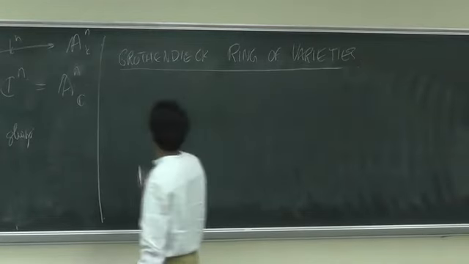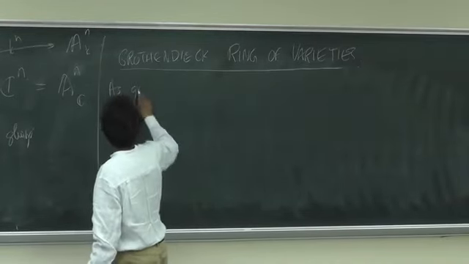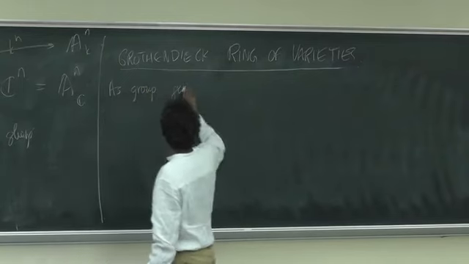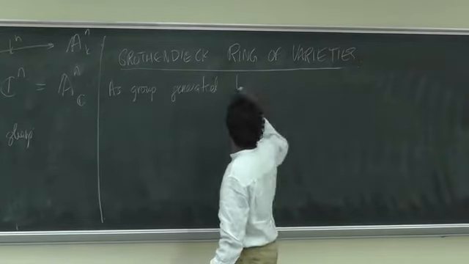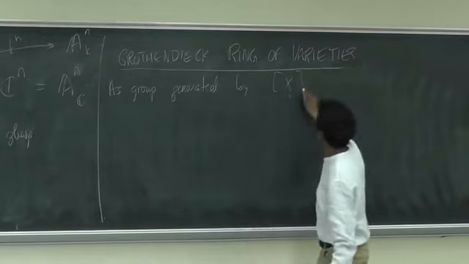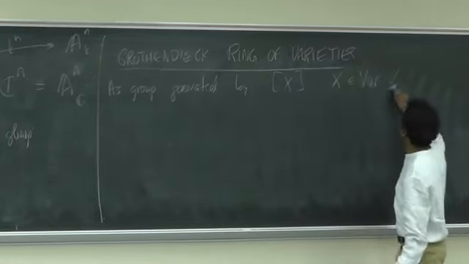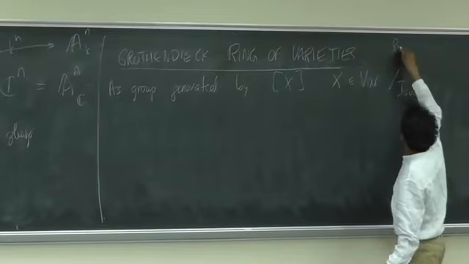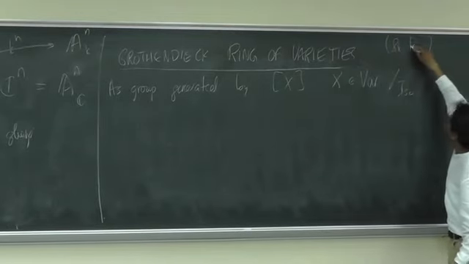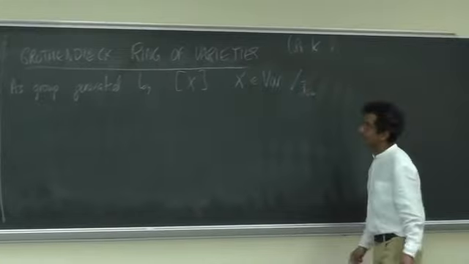So let me say what it is as a group. It's generated by symbols, or classes of varieties, where X is a variety up to isomorphism. Now I'm fixing a field, I should say. This is for varieties over a fixed field.